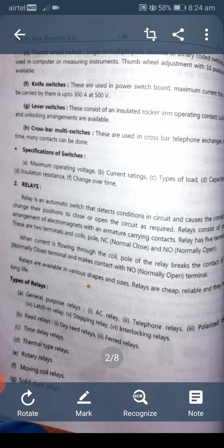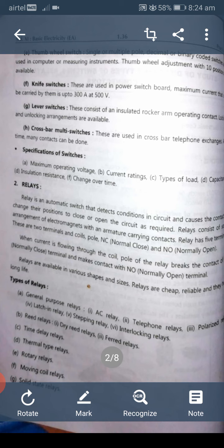Relays. A relay is an automatic switch that detects a condition in a circuit and causes the contacts to change their position to close or open the circuit as required.